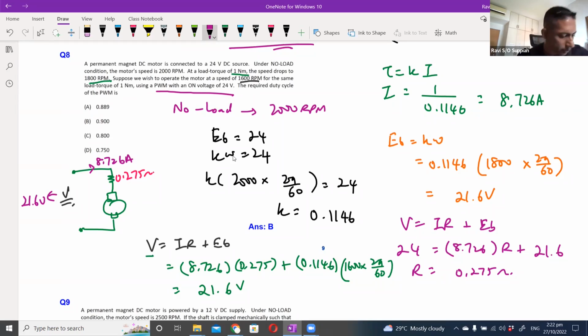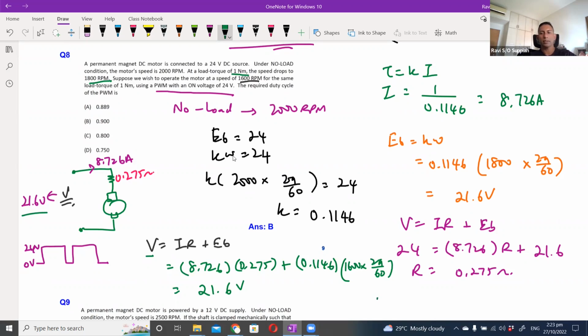Now this 21.6 is actually a PWM signal, correct? We know a PWM is on and off, and this on voltage is 24, and the off voltage will be 0. What we want is to calculate the duty cycle. The duty cycle is basically on time over total time, which is equivalent to the ratio of the voltage that you want over the total voltage.